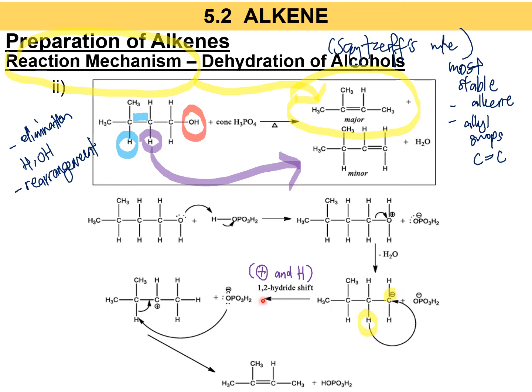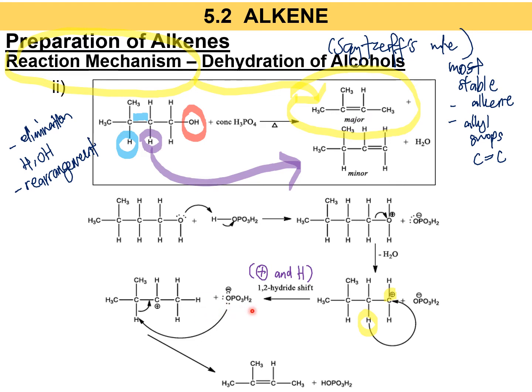It can do a 1,2 hydride shift, it cannot do 1,3. You have learned that we do either a 1,2 hydride shift or a 1,2 methyl shift. Depending on it, if it is a methyl it is a 1,2 methyl shift. If it is hydrogen it is a 1,2 hydride shift. And therefore, as you can see here, this carbon atom in the middle becomes a carbocation ion, with a positive sign. And now we can get the major product and the most stable alkene.